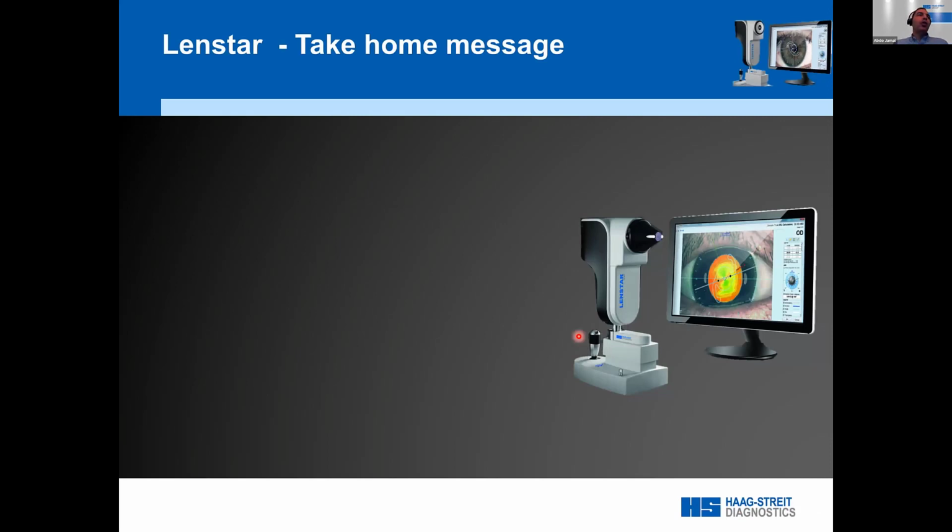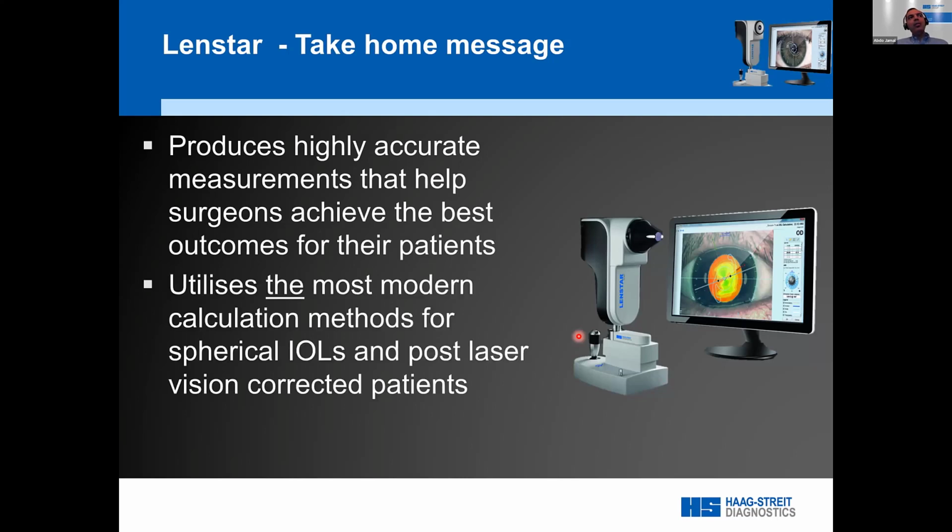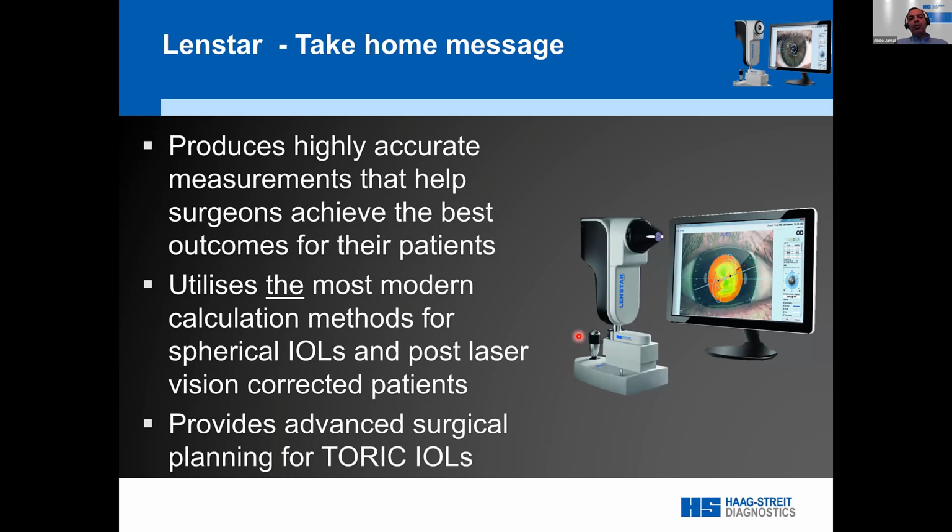I want you to take home the message that the Lenstar produces highly accurate measurements that help surgeons achieve the best outcome for their patients, utilizing the most modern calculations for spherical and post-laser vision corrected patients. It also provides advanced surgical planning for toric planning.